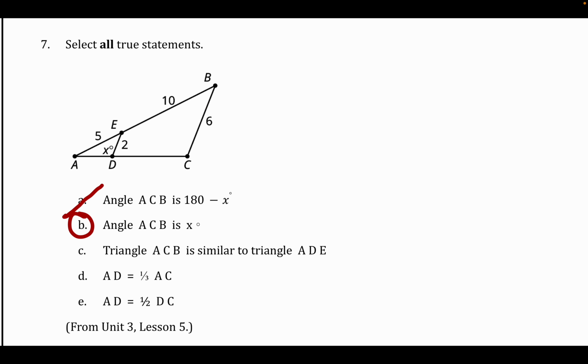It is X degrees because I have sides in proportion, 5 versus 15 and 2 versus 6, giving me a scale factor of 3, so they would just be the same degrees. Now they say triangle ACB is similar to ADE.